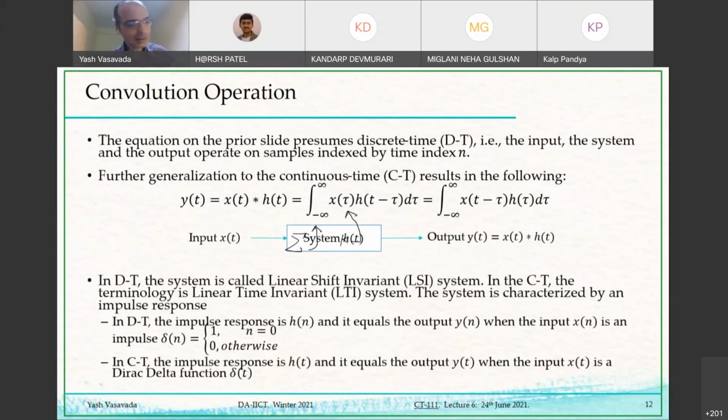Now, this particular system, whose output can be obtained using convolution, maybe I should write it explicitly, whose output can be obtained using convolution.